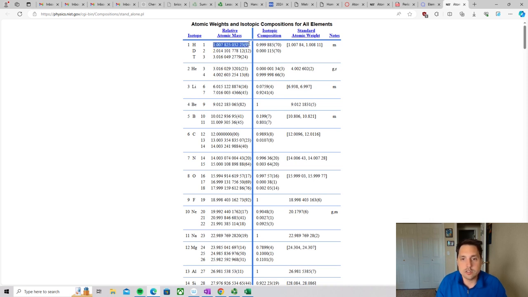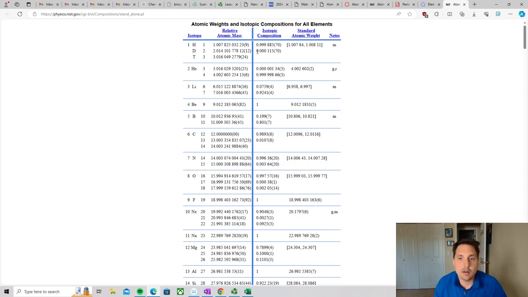Now, each of these isotopes has its own mass. And what we can do is think about the abundance of each of these isotopes that makes up a sample of average hydrogen. Most hydrogen, 99.99% of it, is going to be H-1.